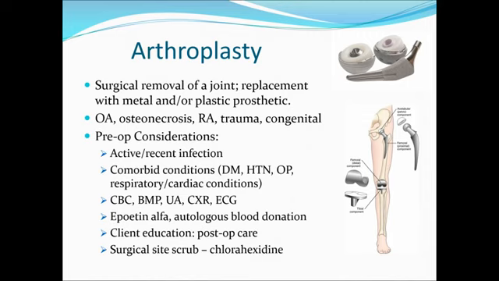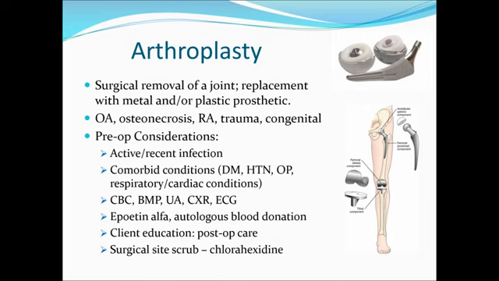You also want to consider comorbid conditions, things that are going to increase the patient's risk of complications. So diabetes, hypertension are the top two, osteoporosis because they already have weak and brittle bones, and any type of respiratory or cardiac conditions. Those are all going to increase the risk of complication and even potential death to the patient. Pre-op labs are typically going to involve a CBC, a BMP, a urinalysis, chest x-ray, and EKG.